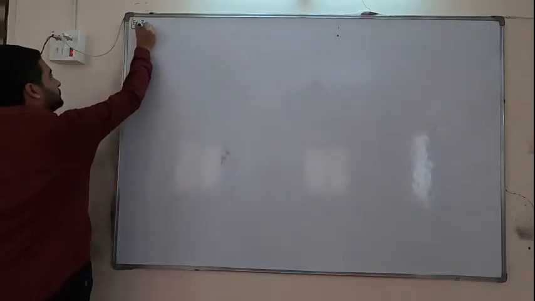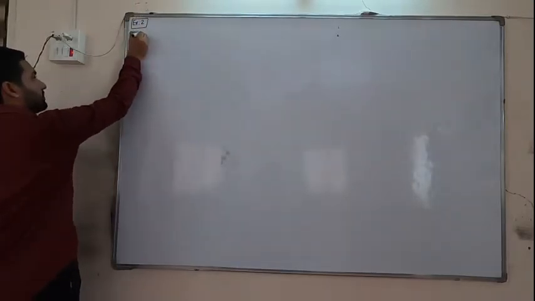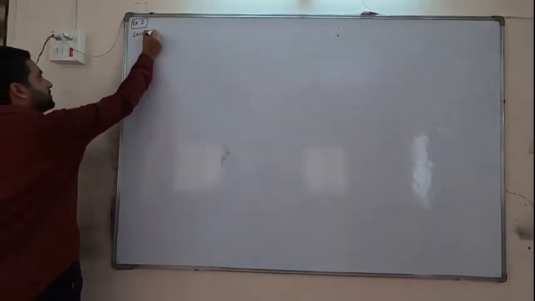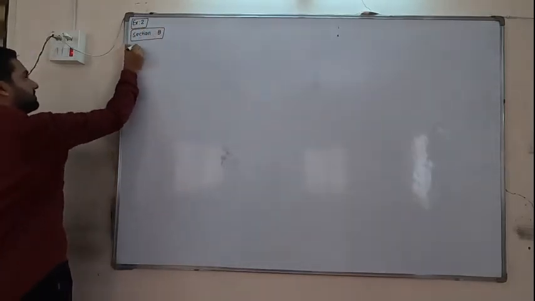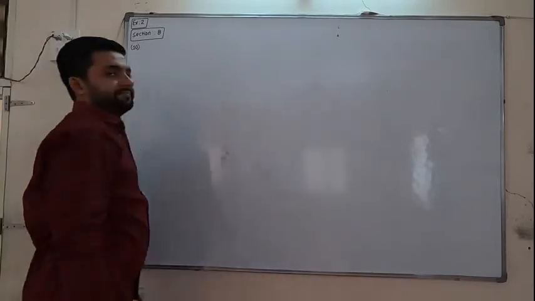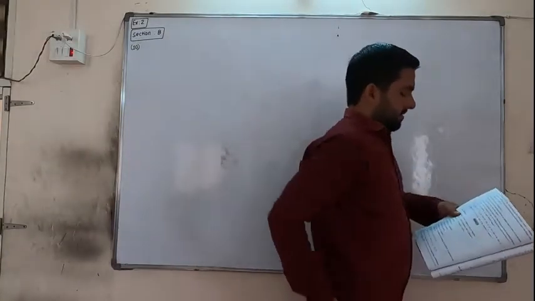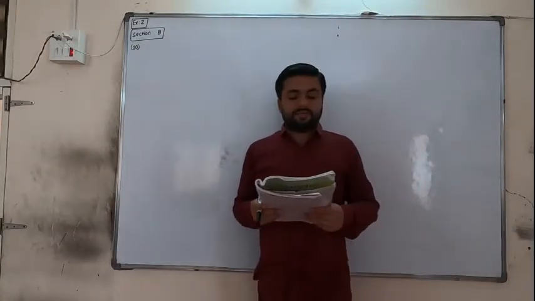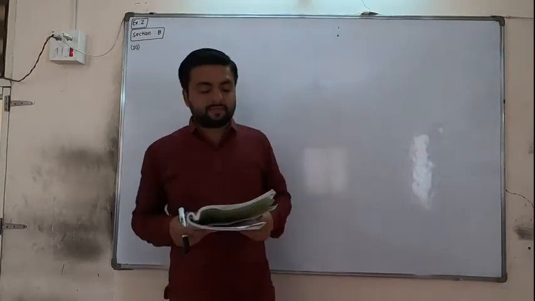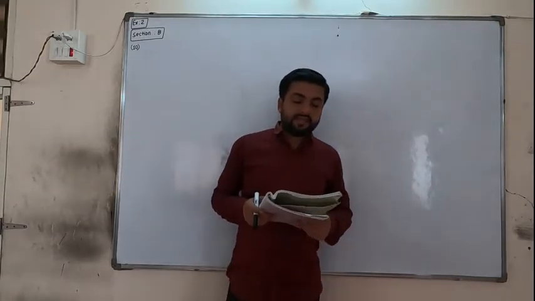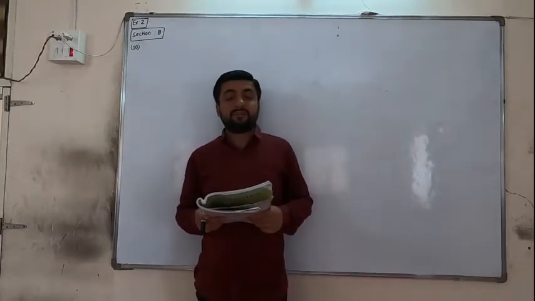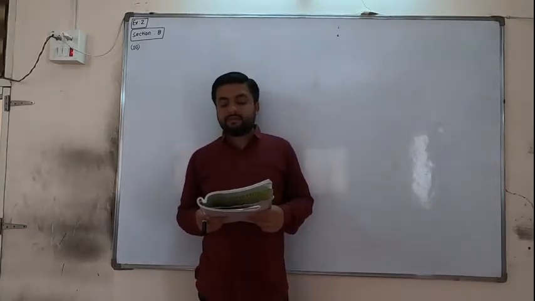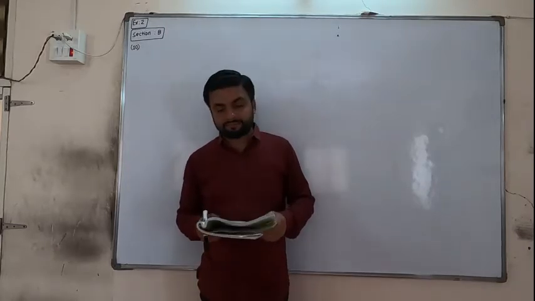Exercise 2, section B, sum number 10. If the value of n square minus 1 is 6 times the value of sigma d square, then what is the value of R?